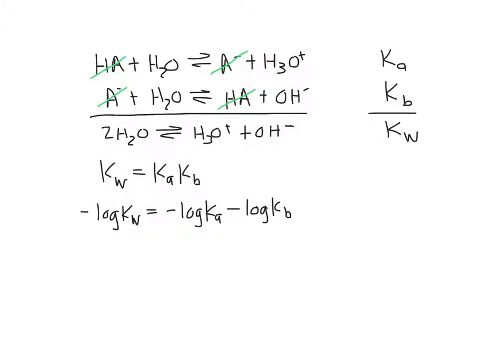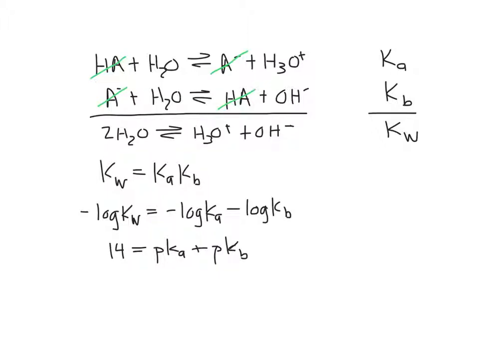But minus the log of Ka can be denoted as pKa, and minus the log of Kb can be denoted as pKb. And minus the log of Kw, remember, is equal to 14. And so I can write that 14 is equal to pKa plus pKb. And so if I know the equilibrium constant for the acid ionization, I can always calculate the equilibrium constant for the base hydrolysis of its conjugate base.